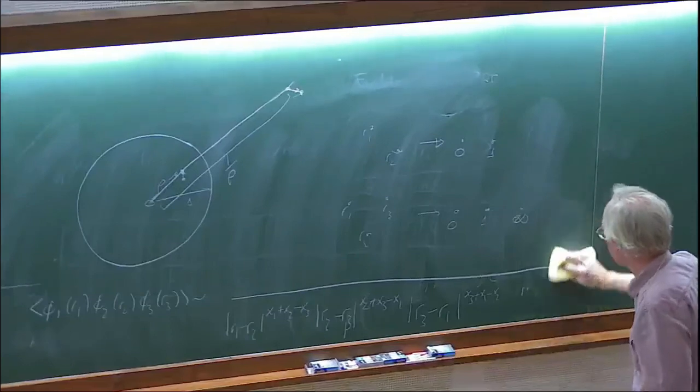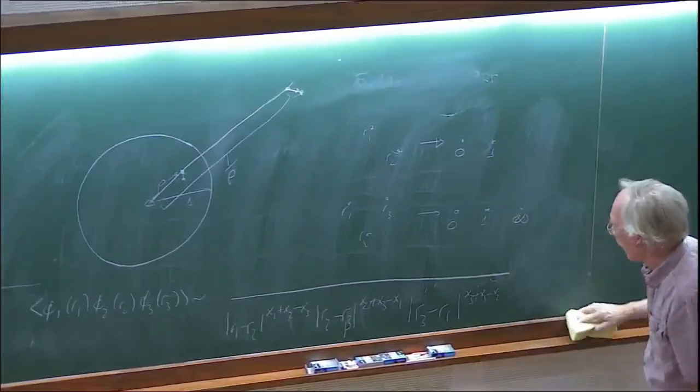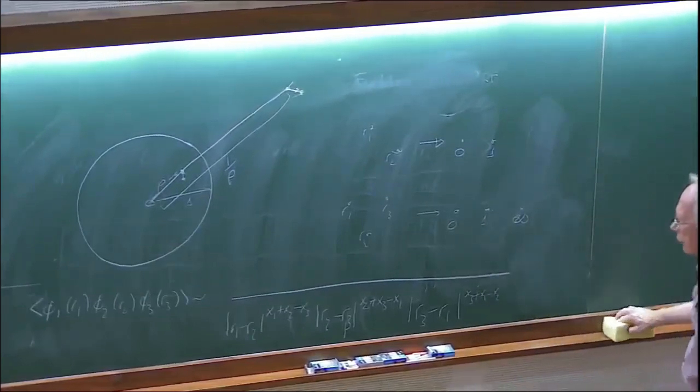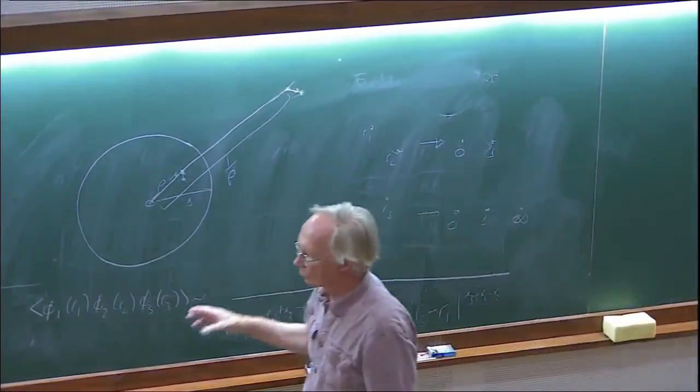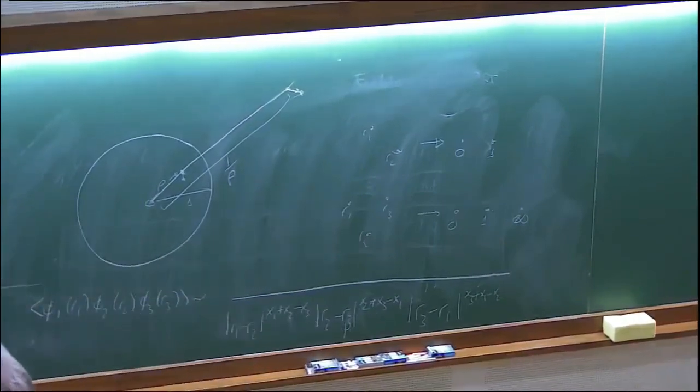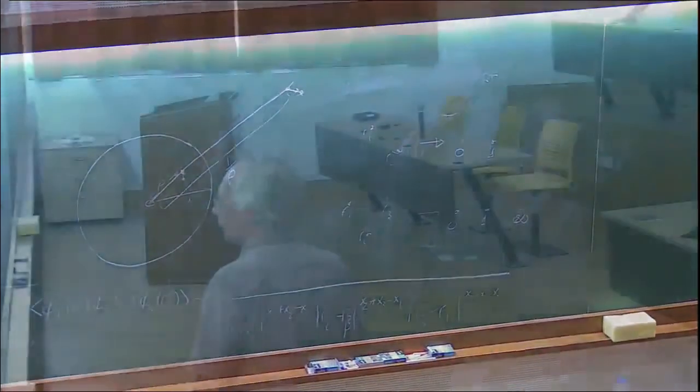And I'm not going to give this as an exercise because it's one of these things where there's an easy way of doing it and there's a hard way. And the hard way is the one that you would probably first try, and you will get into excruciating algebra.